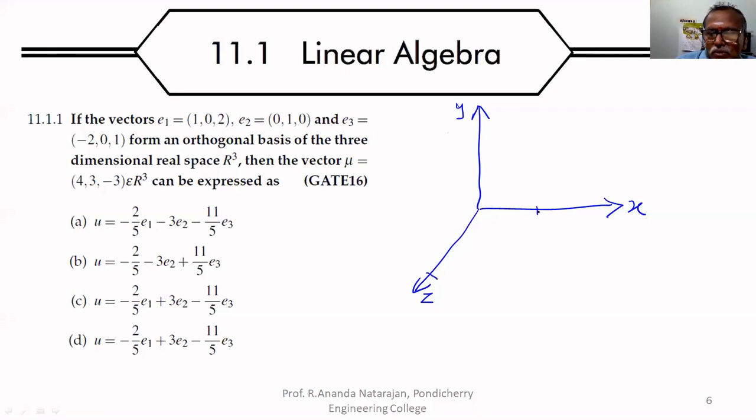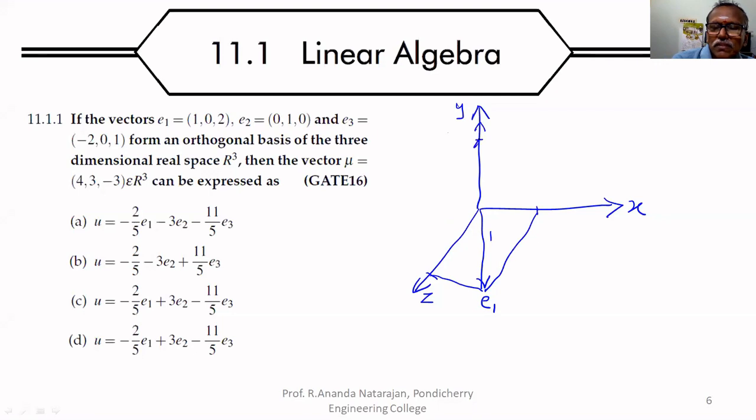So we can draw like this. This is E1, its magnitude is unity. E2 is taken along y.